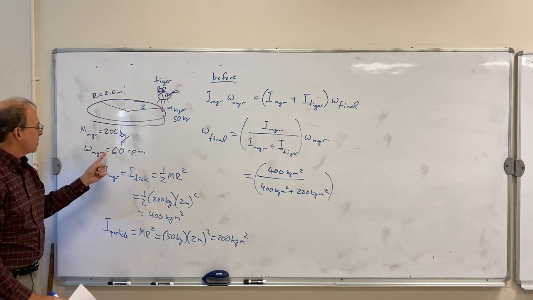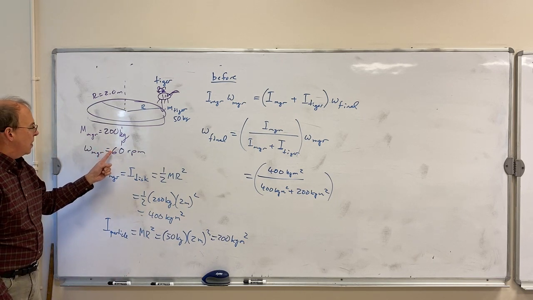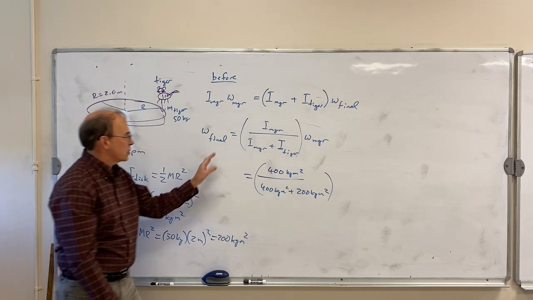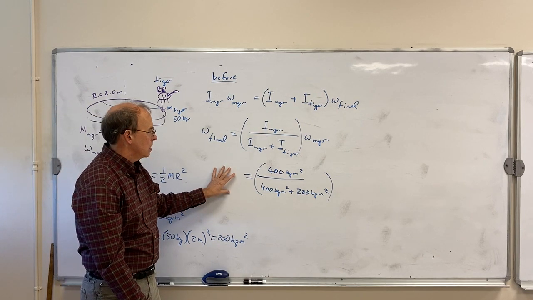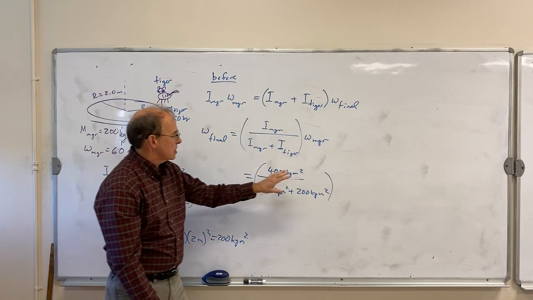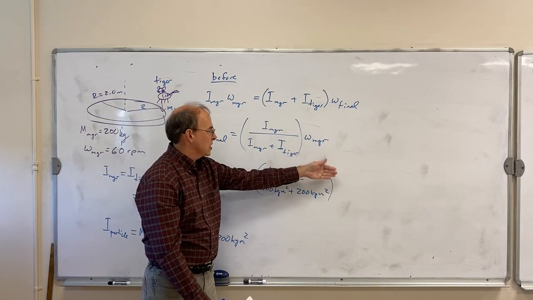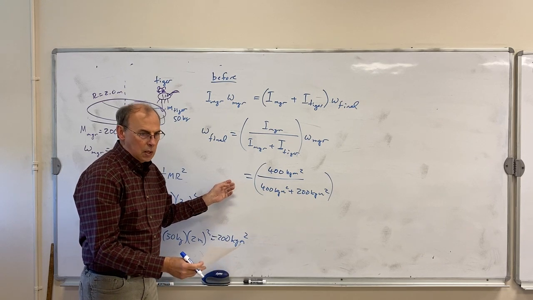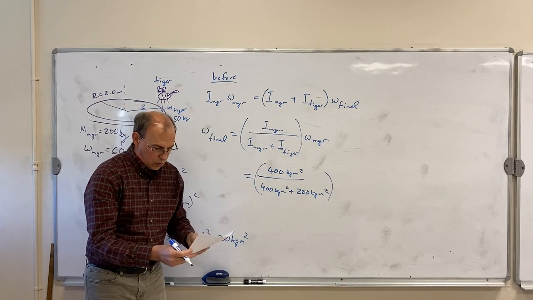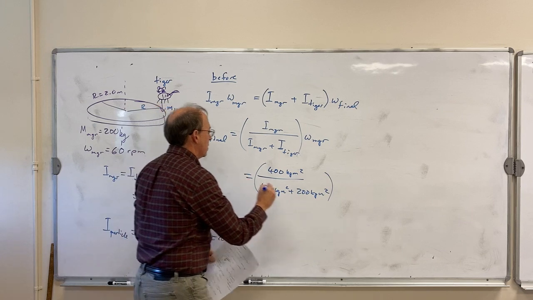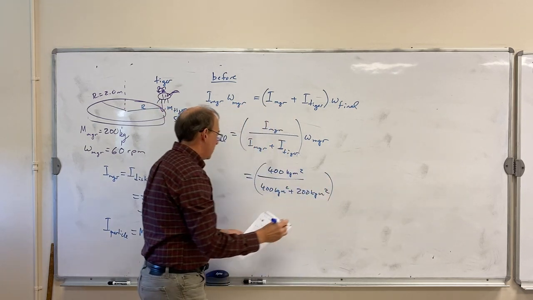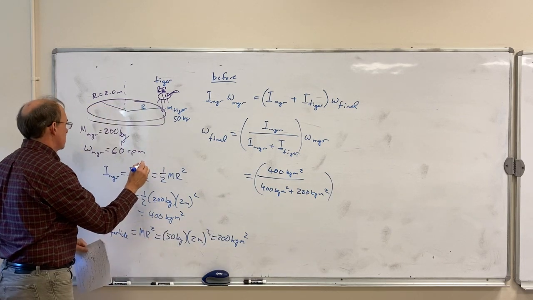Now I could convert omega to radians per second. Or since this is just multiplying, if I just leave it in RPM, I'll get RPM here. But maybe I better do it in radians per second, just so you're accustomed to it.